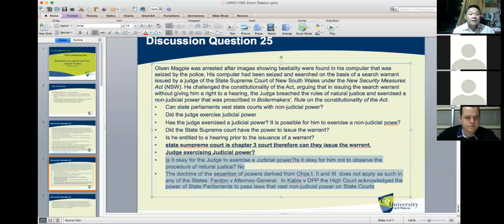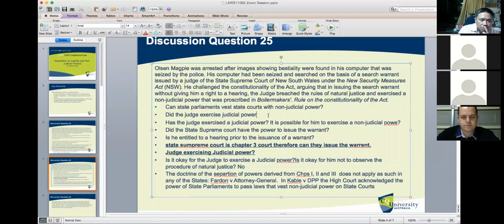Manuel, Peter Ritchie here. Peter, yes. From what I could see of it, it's a very similar scenario to the previous question, except where instead of talking about the federal courts, we're talking about state-level courts. Yes. And so we'd be looking at whether at a state level the executive can bestow upon state courts non-judicial powers.